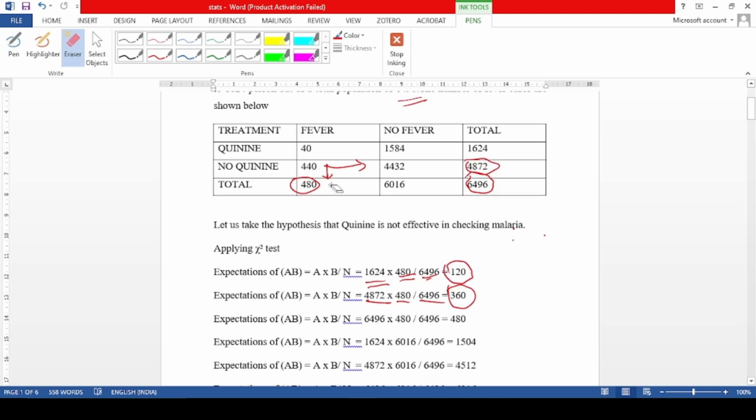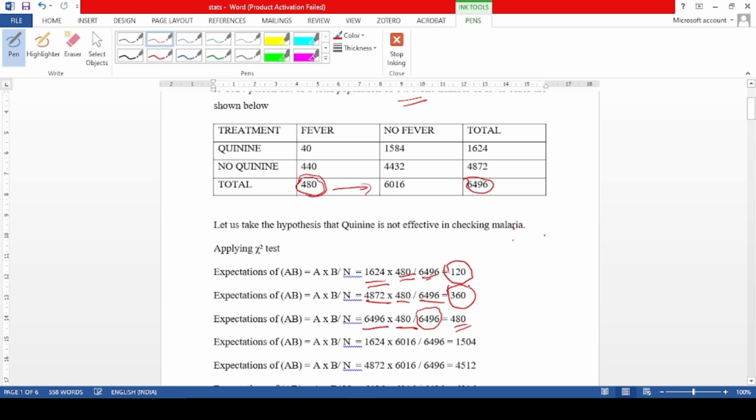Now, again, this is the third number here. The row total is 6,496. Column total is 480, divided by the whole total. Whole total is 6,496.